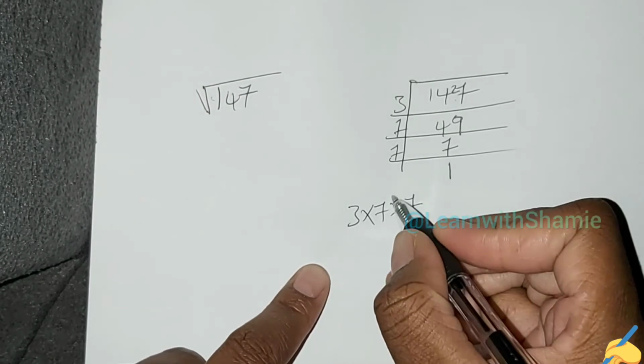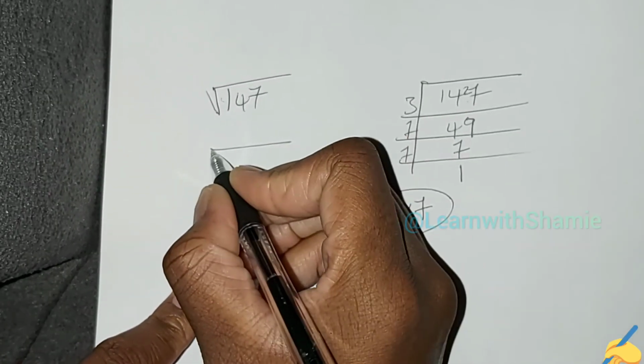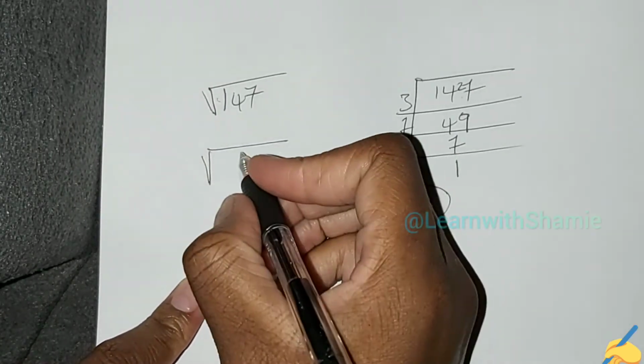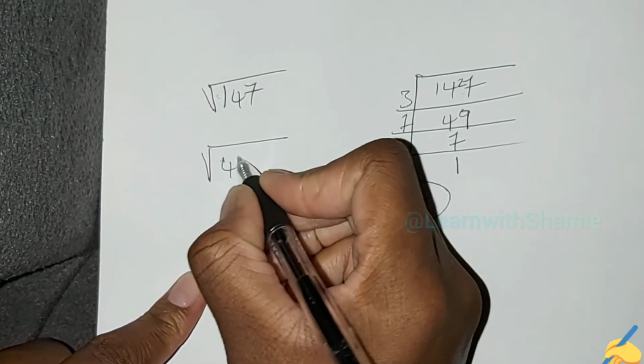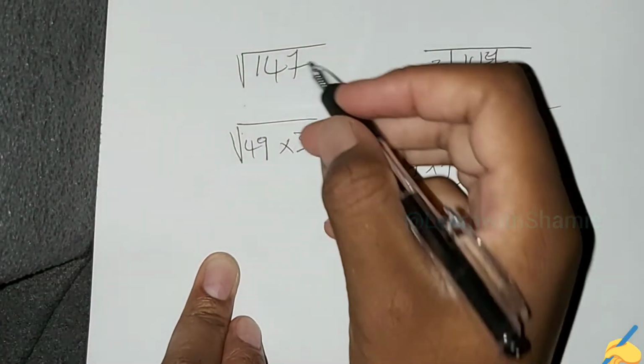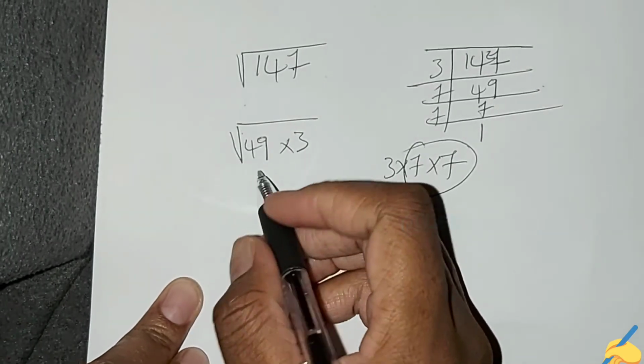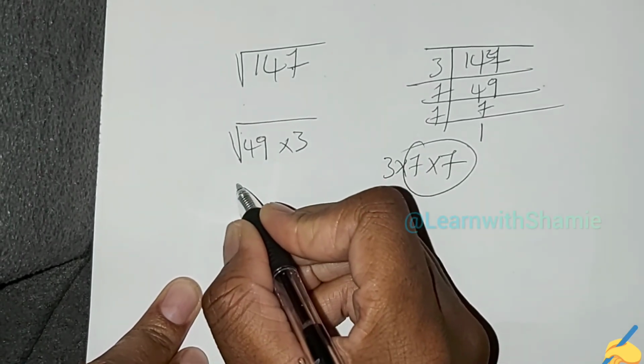Right here, we can see we have a perfect square. So you'd say the square root of 7 times 7, which is 49, times 3. So 3 times 49 would be 147. So find the square root of 49 times 3.